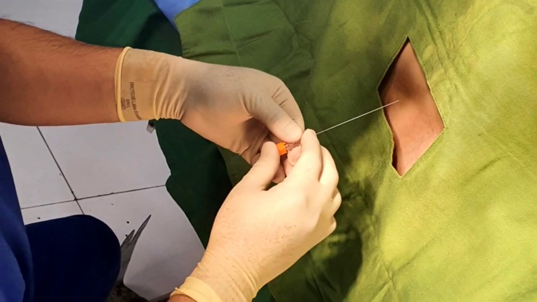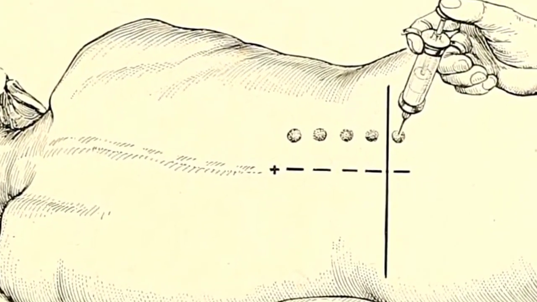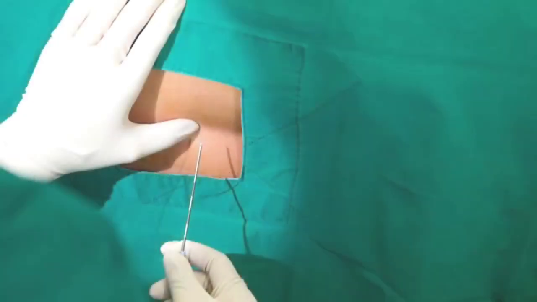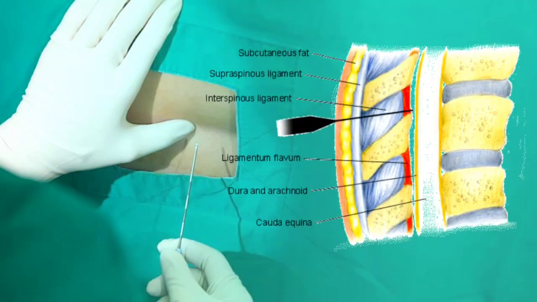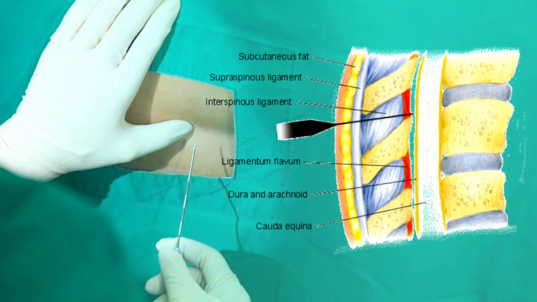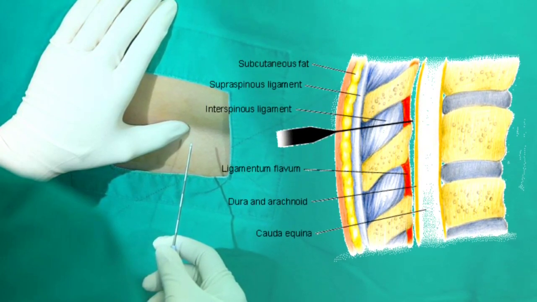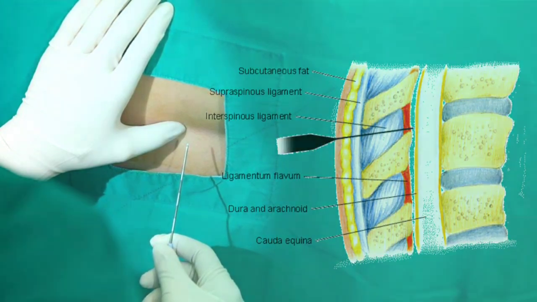Spinal anesthesia involves a single injection of medication into the sac of fluid that surrounds your spinal cord. To reach this fluid sac, the anesthetist will pass a needle through your skin between the vertebral bones and finally through spinal ligaments and the dura, which is the protective membrane around your spinal cord.